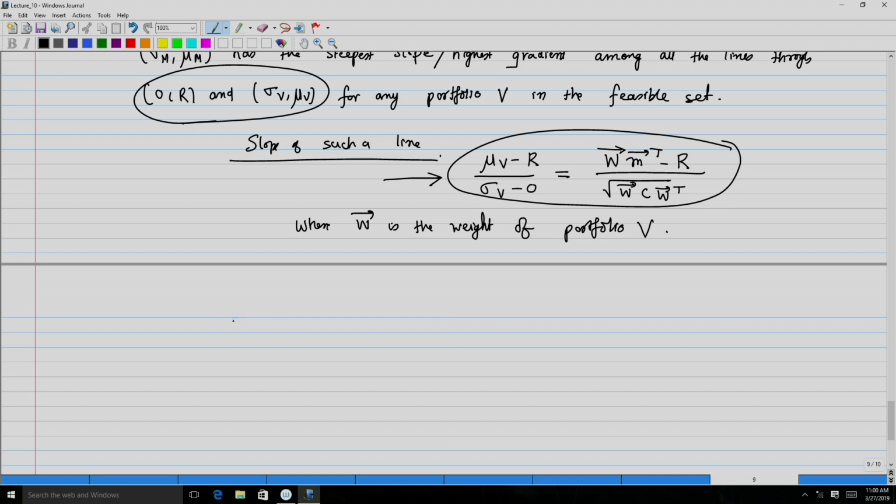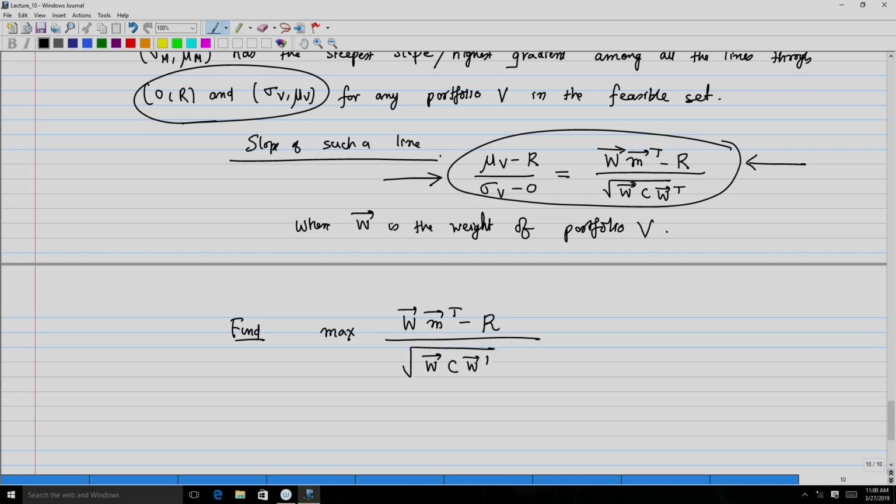To this end, we need to find the maximization of this slope, (W m transpose minus r) divided by the square root of W C W transpose, over all vectors W in R n, all weight vectors, such that the constraint W u transpose, or sum of all weights being equal to 1, is satisfied.